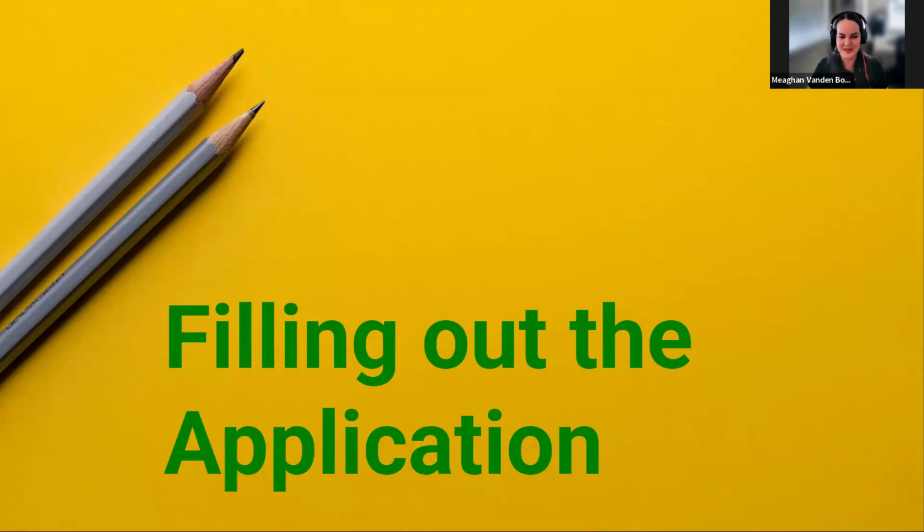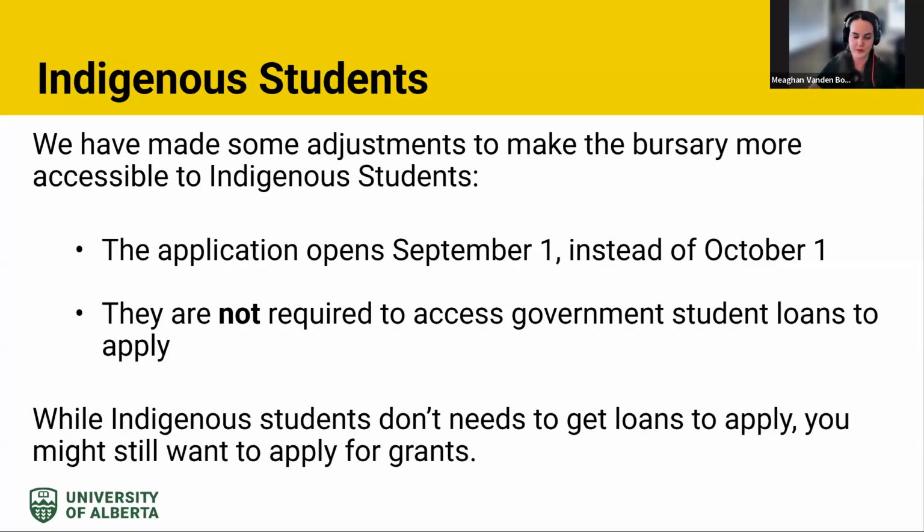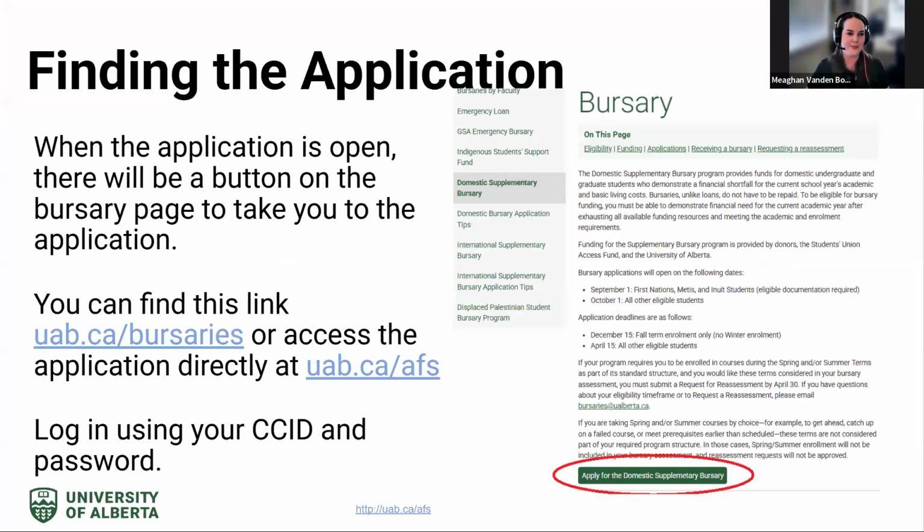We're going to get into the biggest section of this presentation, which is how to fill out the application. But first of all, how do you get to the application? To find the application, the easiest way is just to go to our portal website, which is uab.ca/AFS.